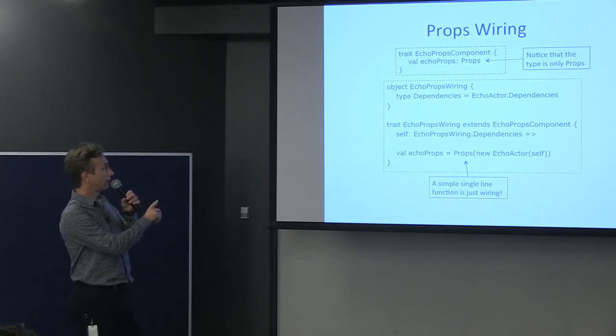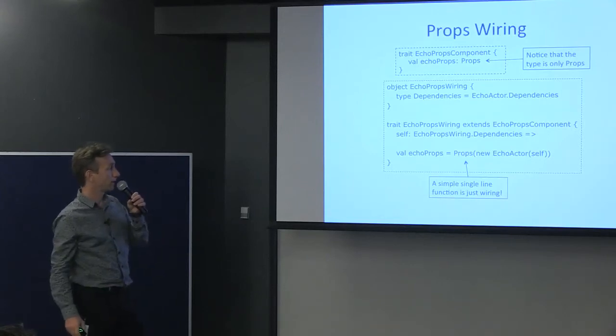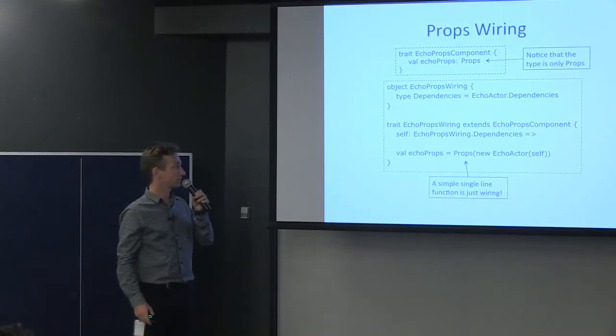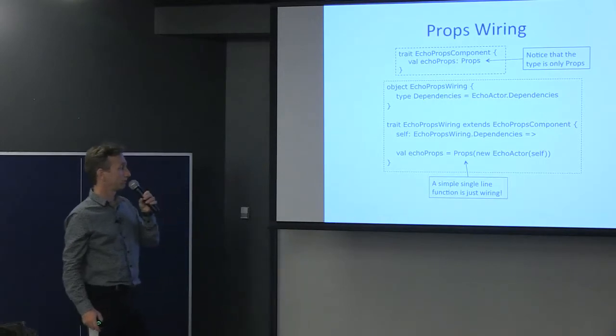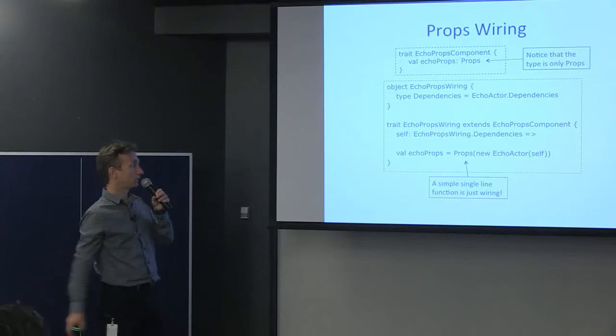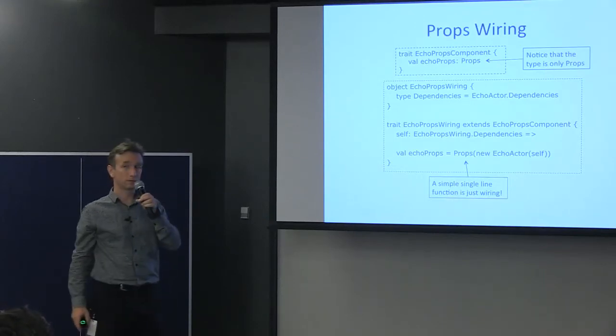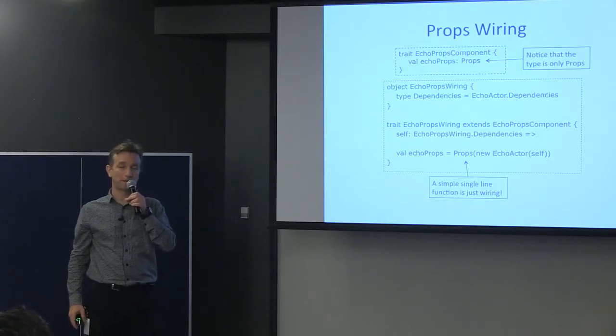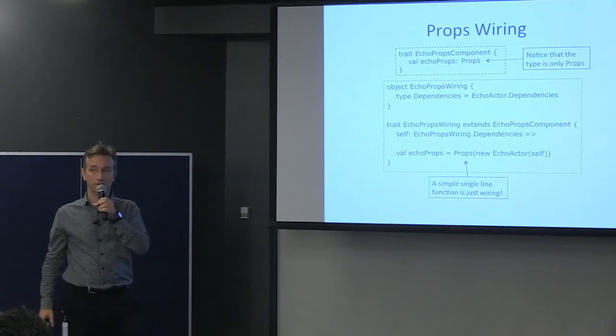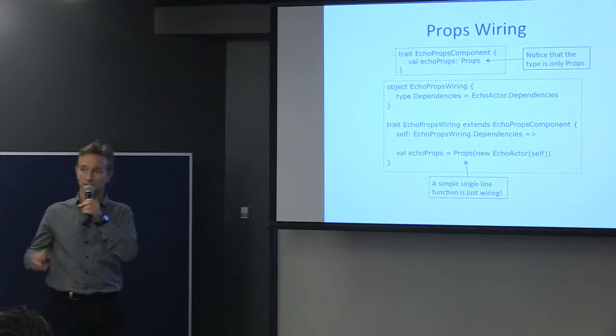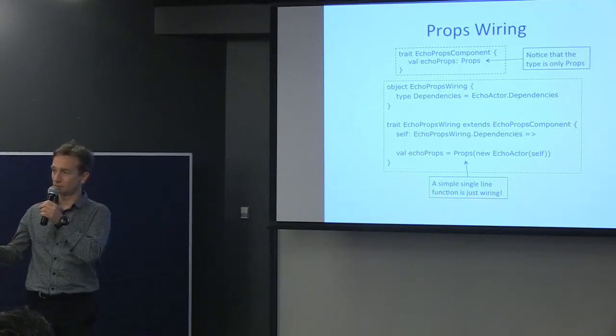In the Akka props wiring here, we're extending the Akka props component, and we are actually doing the wiring, as it says. So in the wiring, it's just Props new Actor self. This is actually not the recommended way of starting an actor, but it's the best one I find, because it means it's actually checking to make sure that the types all tie up.